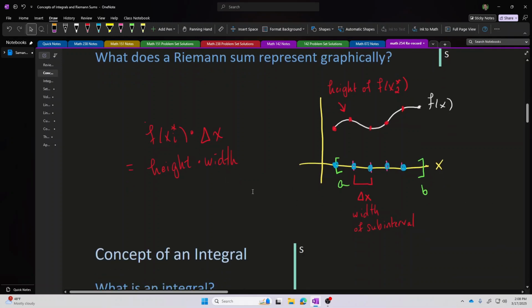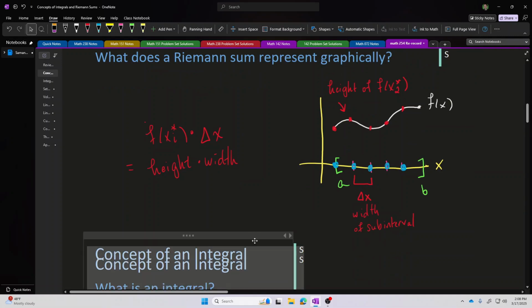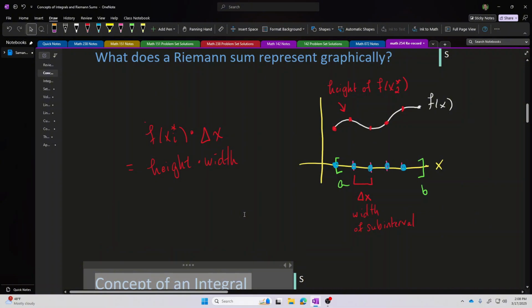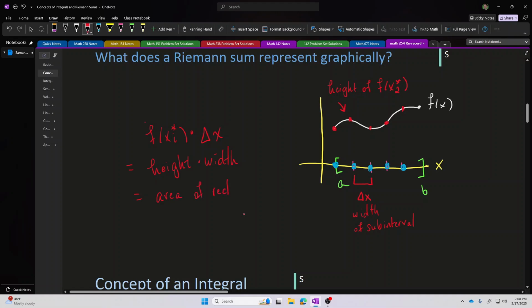And this is a very familiar formula to me from geometry. This product height times width in geometry is telling you exactly the area of a rectangle with these dimensions. The area of a rectangle that has a width of delta x and a height given by the output of the function at x2 star.